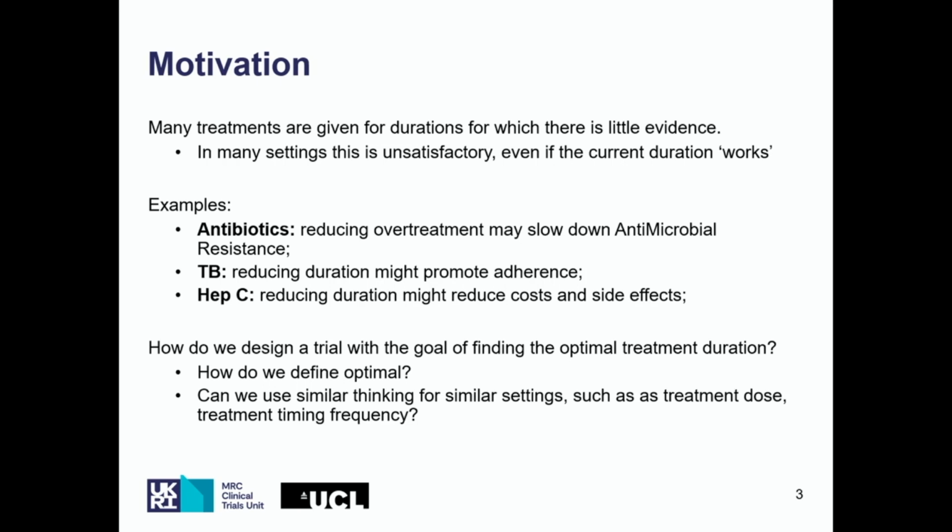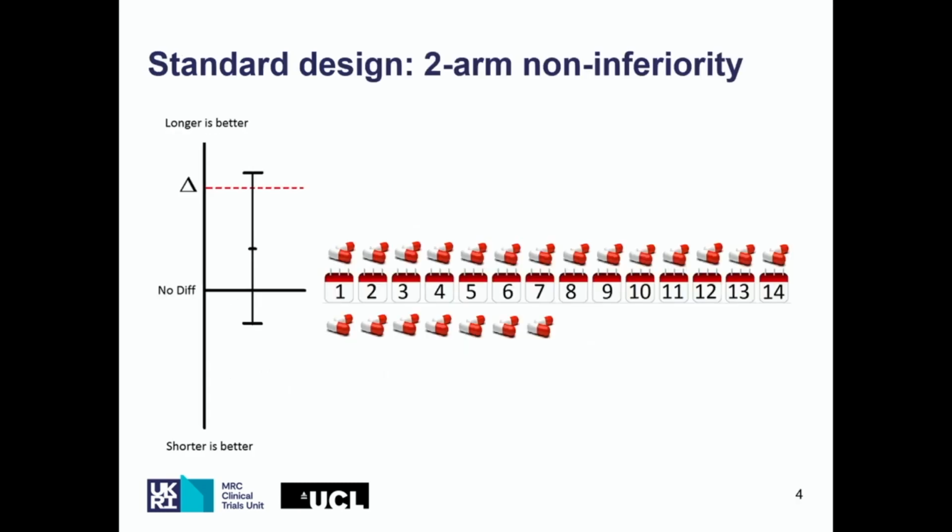And can we use similar thinking for other closely related settings, such as the dose of a drug, the frequency, or the timing of treatments? Keep those in mind: if they relate to issues you're grappling with, that might help make a connection with some of the ideas that are coming up.